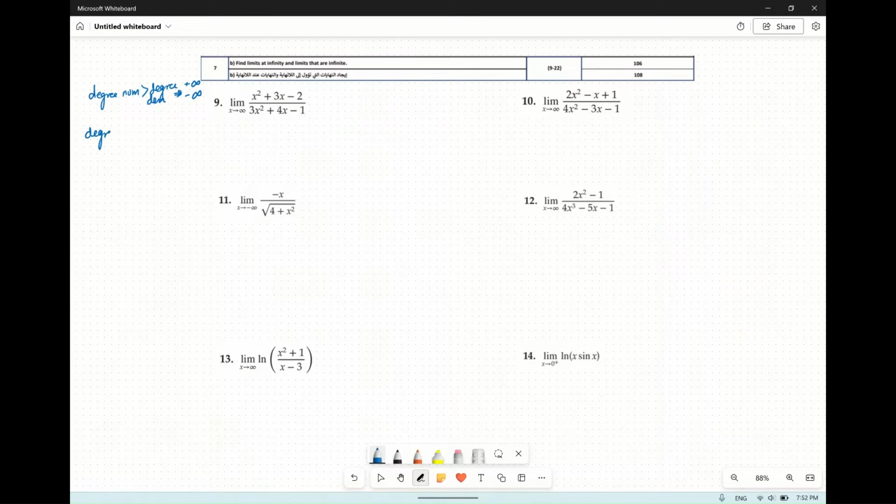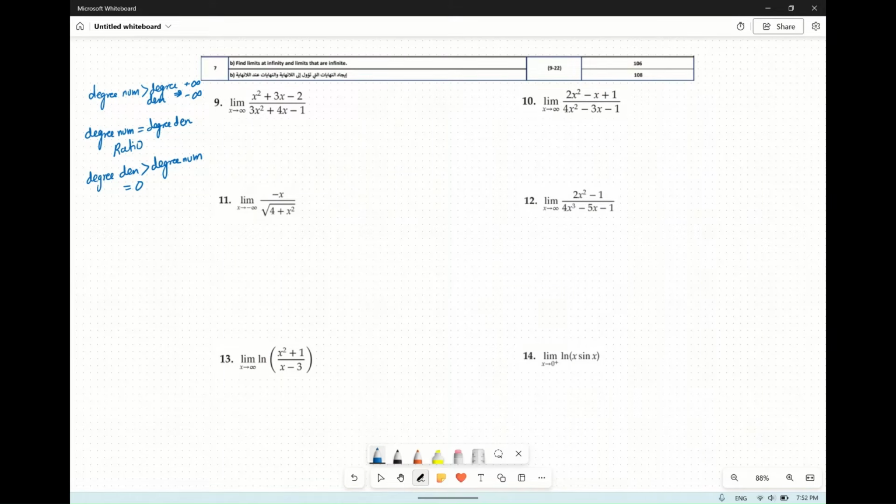If the degrees are equal, then you need to take the ratio of the leading coefficients. If the degree of the denominator is higher than the degree of the numerator, then the answer is directly 0.